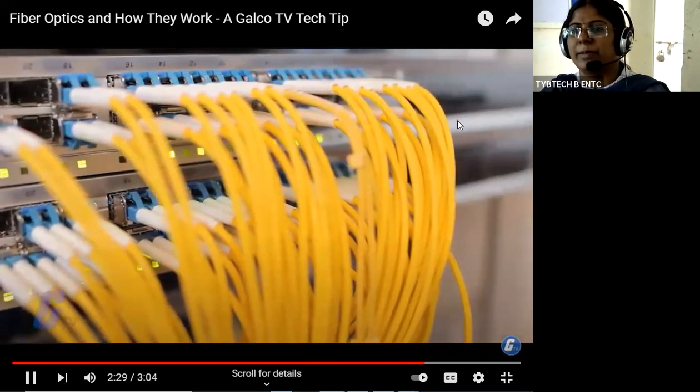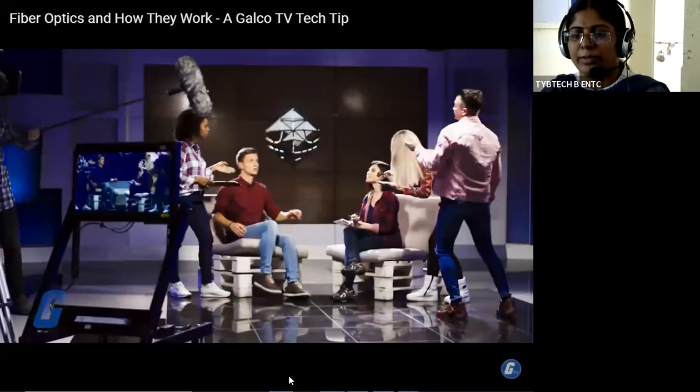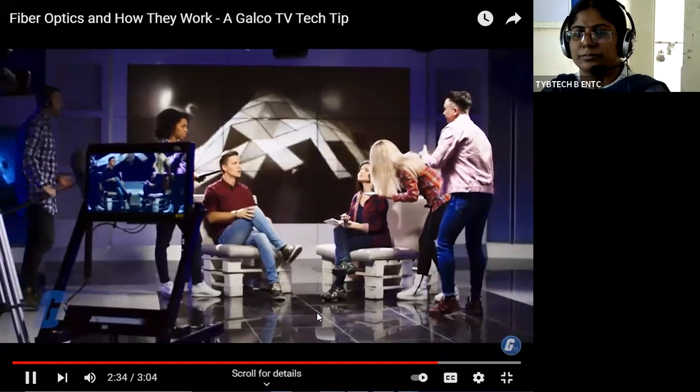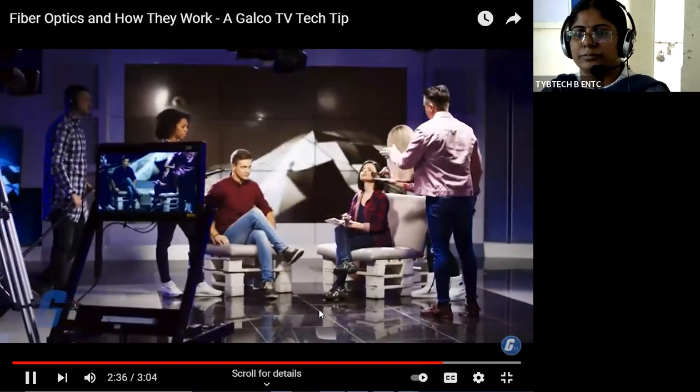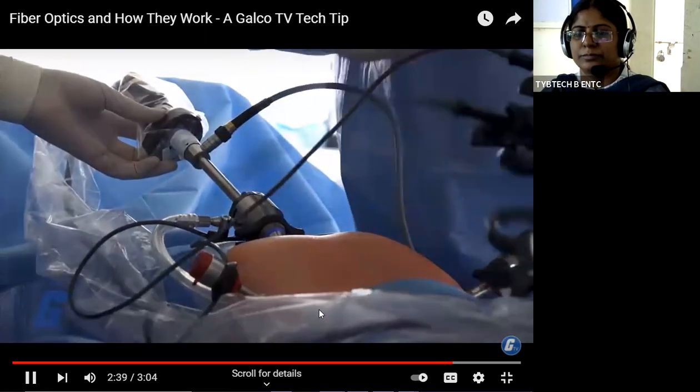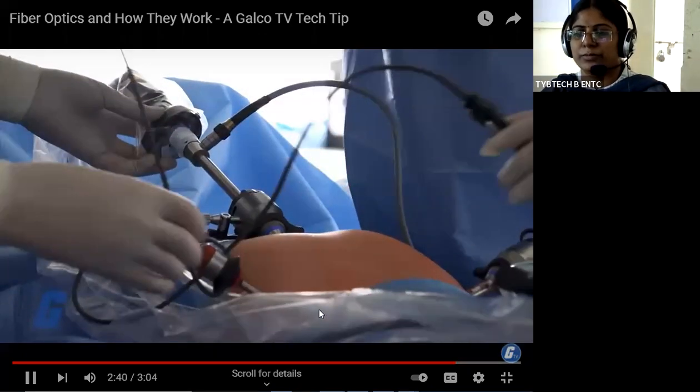So here the application is shown for fiber optic cable. A medical instrument is shown.